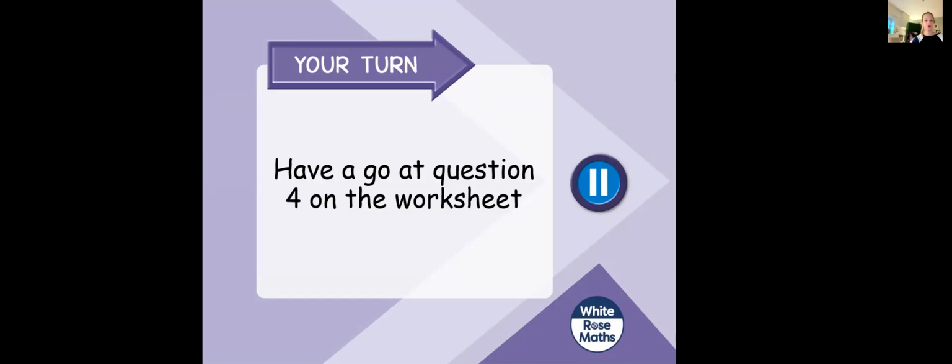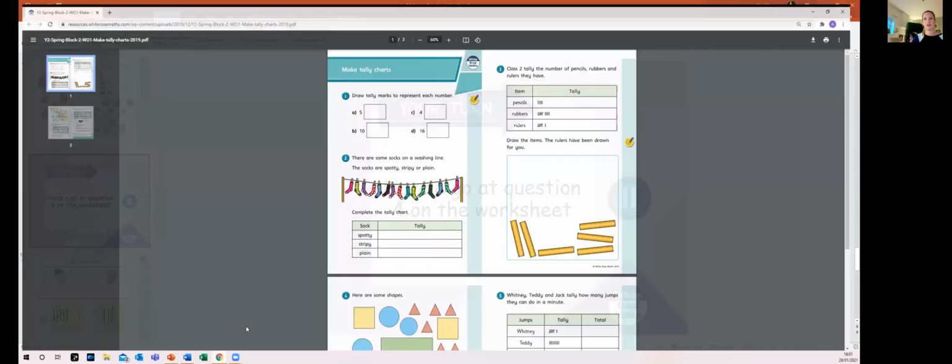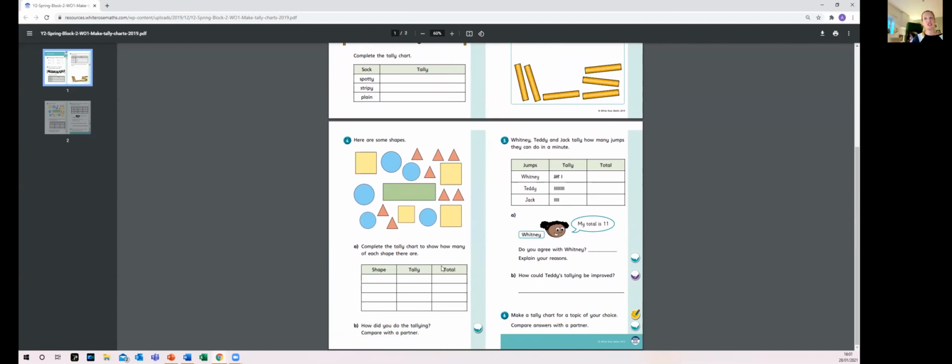Now, question 4 has introduced this totals column as well. Can you see it's a shape question? And you've not got farmyard animals to count, you've got different shapes to count here. And you've got to do the whole chart. We've got the shape column, you need to write in which shape you're going to count first.